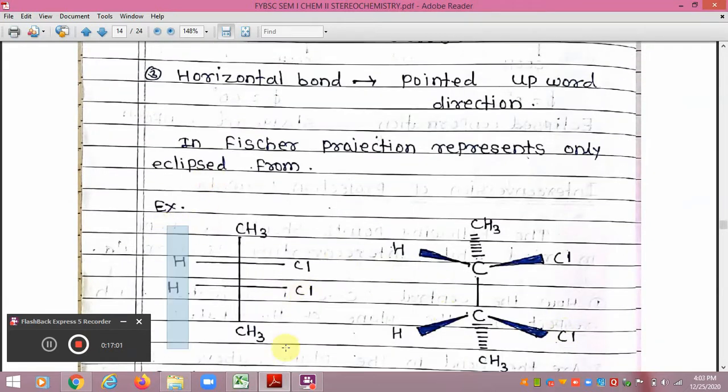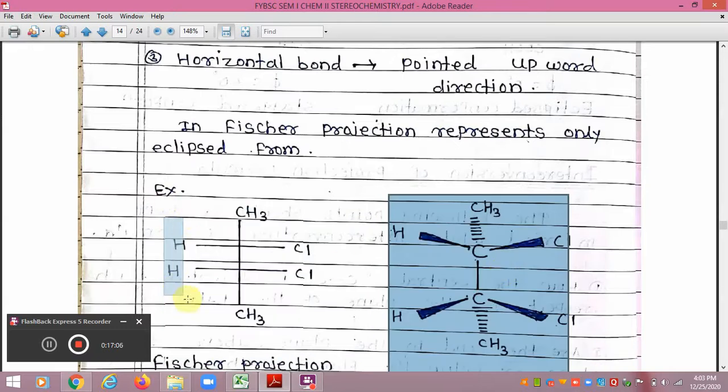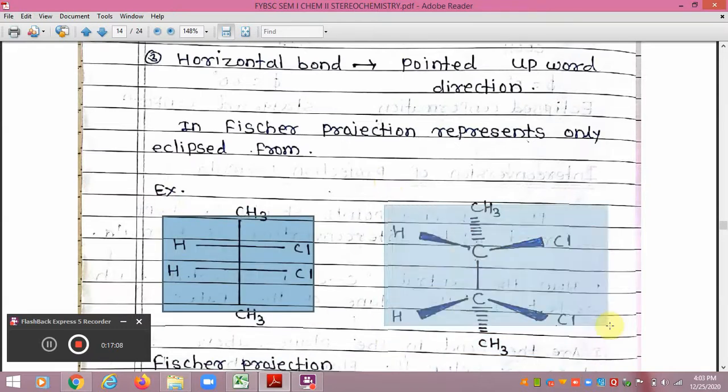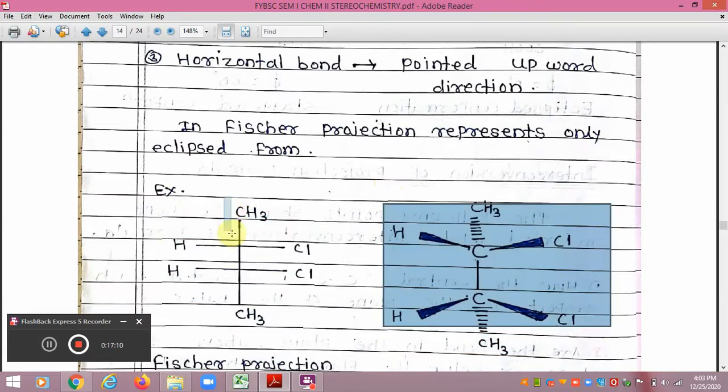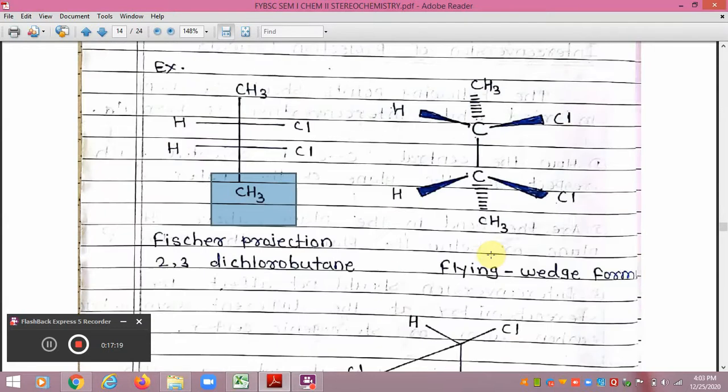This is the Fischer projection, and this is the flying wedge formula. Now this CH3 is present on the vertical line, so it is below the plane. This other CH3 is also below the plane. Hydrogen and chlorine are on the horizontal line, so these are present above the plane.